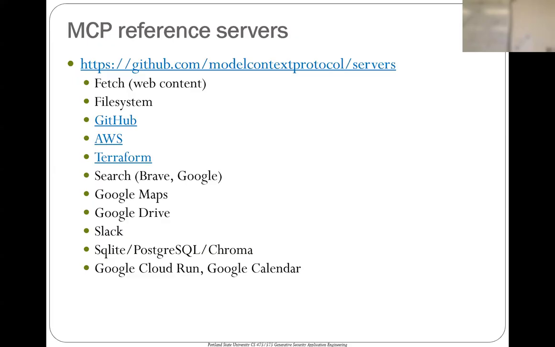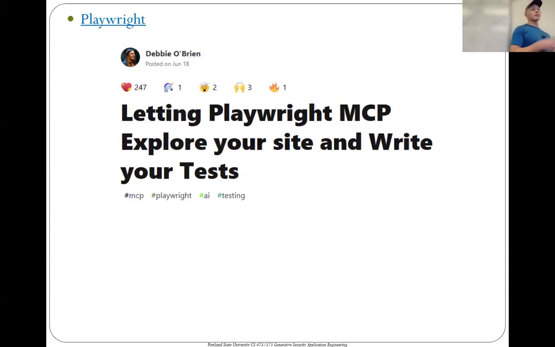There's curl, and then there's a SQLite one that you'll be using in the labs. And then there's a list of them. Here's another one that is interesting, Playwright. If you want to automate your web access with an agent, this is also something I've seen people have interest in, so I brought that to your attention.